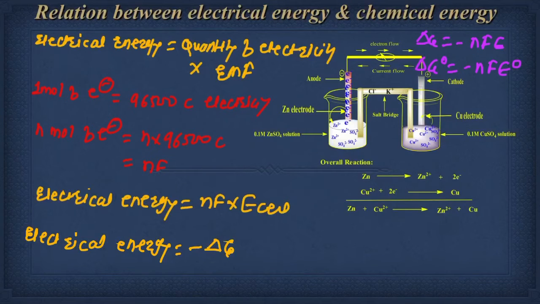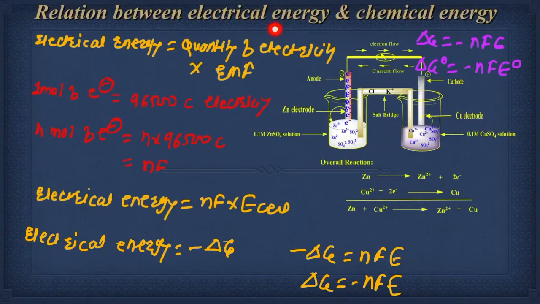in a spontaneous reaction. When we compare these two equations, we can write minus delta G is equal to nFE, or we can say that delta G is equal to minus nFE. So this is the relation between the Gibbs free energy, that is the chemical energy, and the electrical energy or the cell EMF of the system.